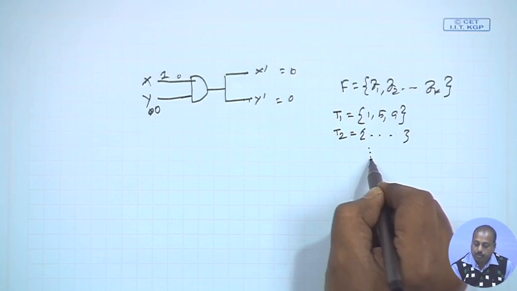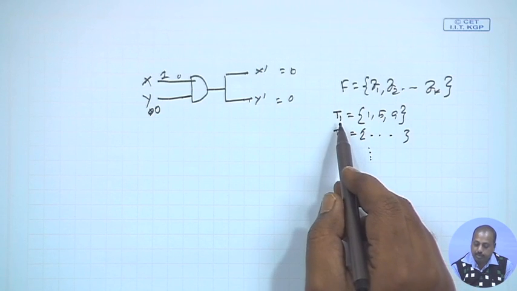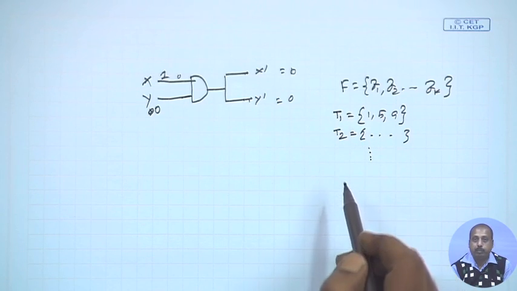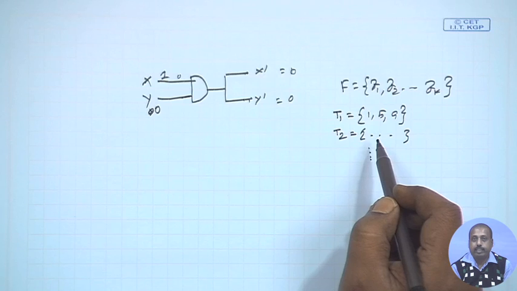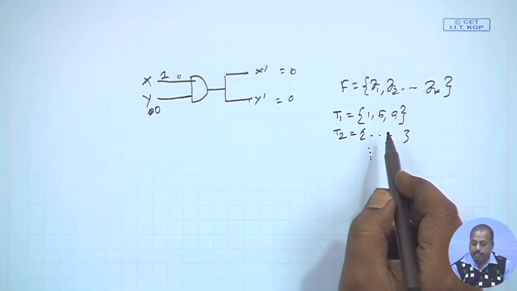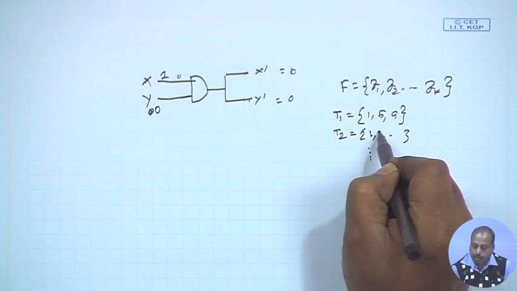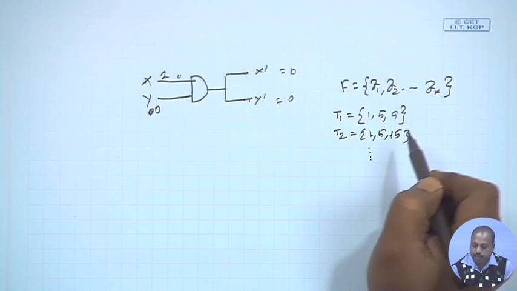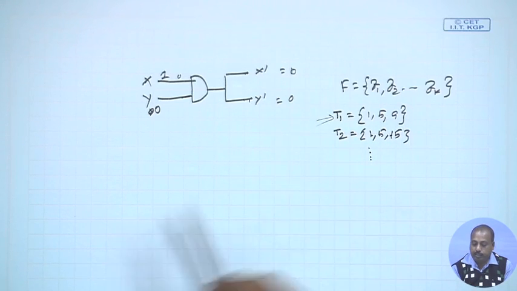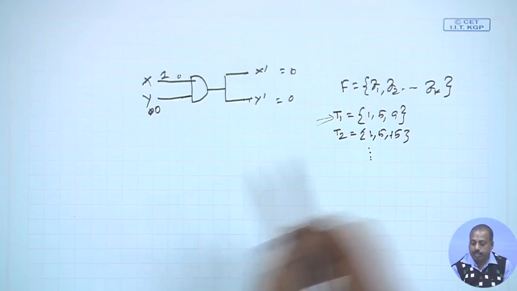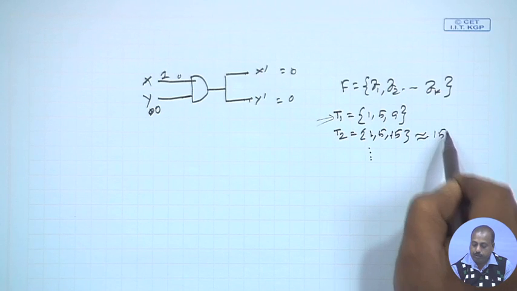Now, it may so happen that as we are generating more and more patterns, the new faults that are getting covered by the patterns start decreasing. Maybe T2 detects the faults 1, 5 and 15. With the knowledge that T1 has already detected 1 and 5, we can say that T2 has detected only the fault 15.